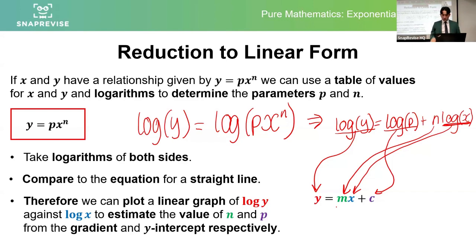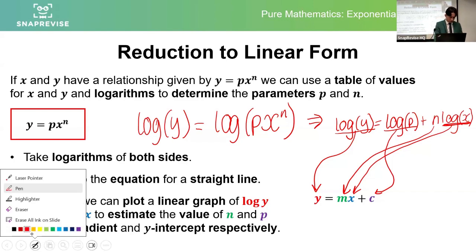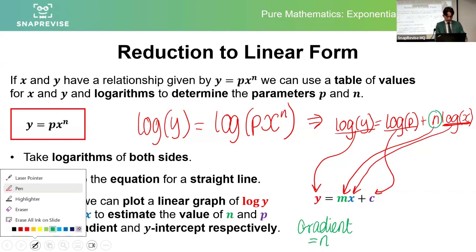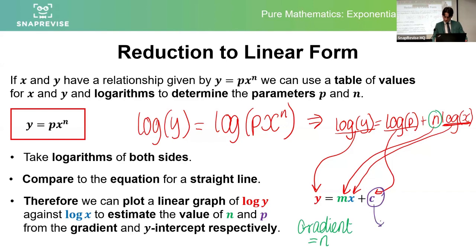Okay, so what we would have this time, in a very similar way to before, is the gradient would be n when you do log x against log y, and the y-intercept is log p.